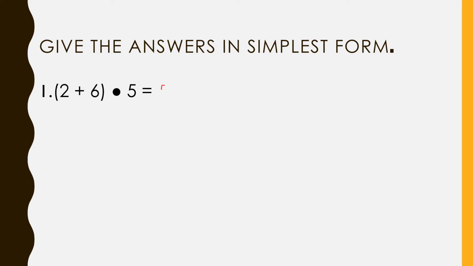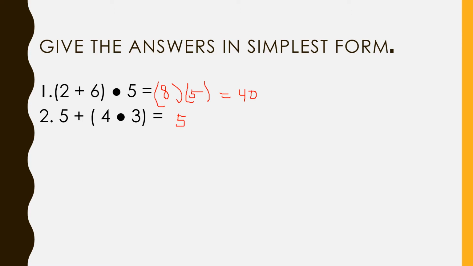Okay, so we have 8 times 5. So 8 times 5 equals 40. Alright, next. Then we have 5 plus 4 times 3 is 12. So that is 17. Now remember, that means multiply.